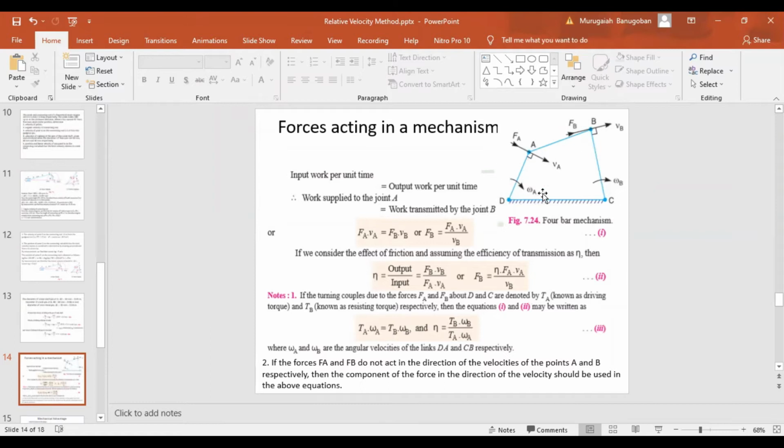If this is my input, the moment of this would be the output. That is FB into VB. From this, I can find FB if I know the other three factors. So FB is equal to FA VA upon VB.